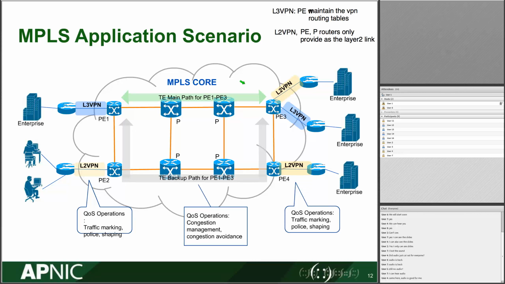Then inside the MPLS network, based on the traffic class value, we can treat them differently based on congestion management and congestion avoidance. And when the traffic leaves our network, we can do policing and traffic shaping. So this is the same differentiated QoS model. This is how we combine all the different services into one simple network as an example.